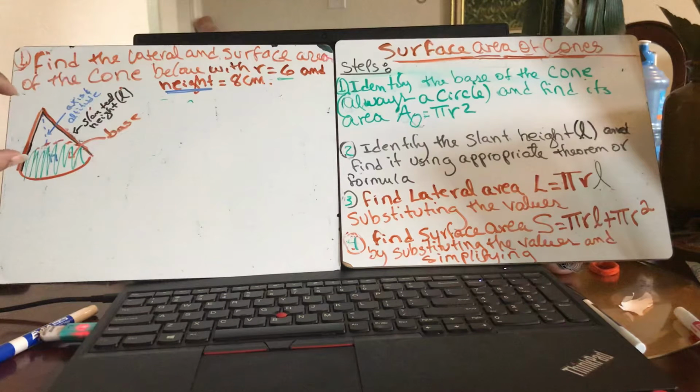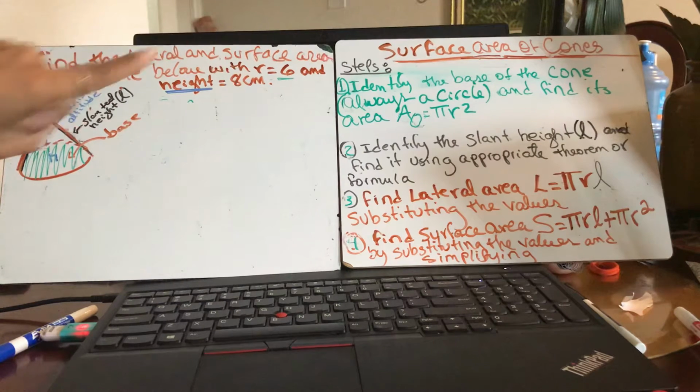And then there's an altitude, or a regular height, which is perpendicular to the base, and it also intersects at the vertex. But the altitude or the height is not the same thing as the slant height. Be careful with those two, because when you form the right triangle that you will have to form later, you need to identify which is the leg and which one is your hypotenuse, just like on the pyramid.